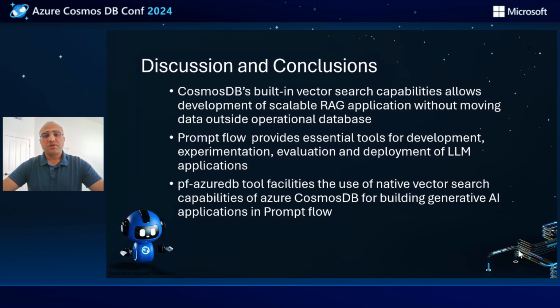I also showed how PromptFlow provides essential tools for development, experimentation, and evaluation of LLM applications. Finally, the PromptFlow Azure DB tool was introduced, and hopefully you will find it useful for your application and it helps you speed up building generative AI applications in PromptFlow.